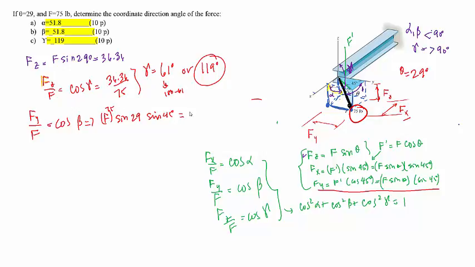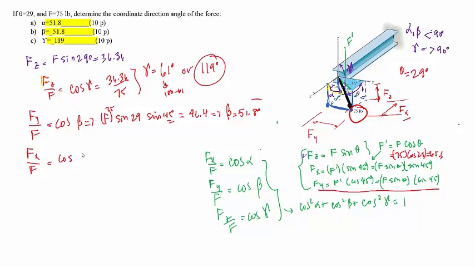So here I have 46.4. You can either calculate F prime, like here, 75 times cosine of 29, which is 65.6, or go directly and calculate this. That's 45 degrees. So what I have here is that beta is 51.8 degrees.